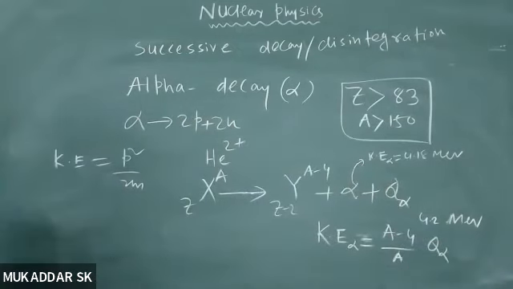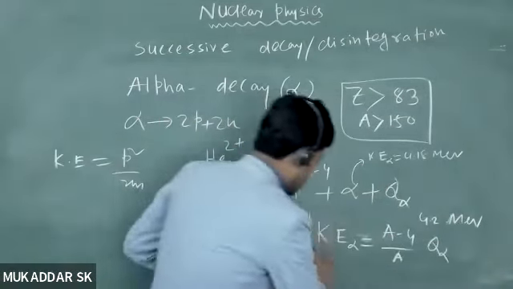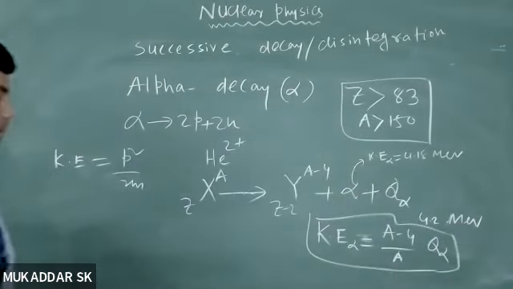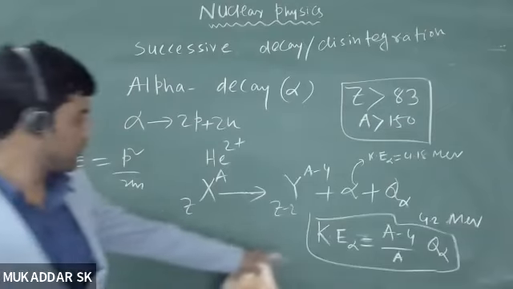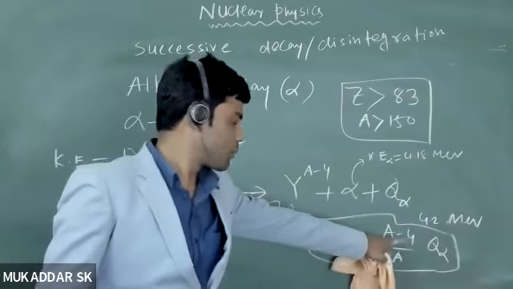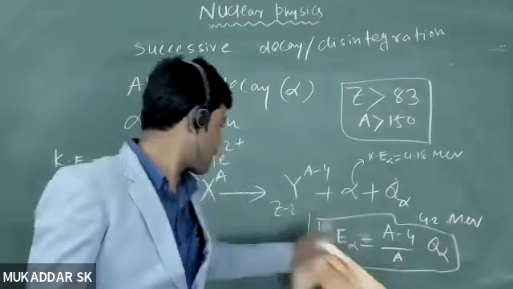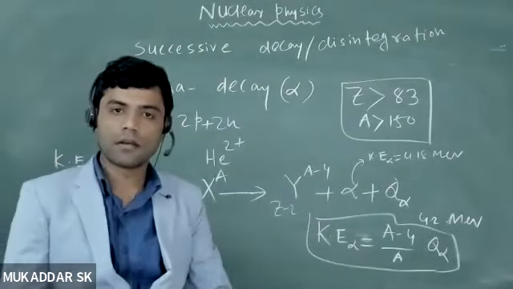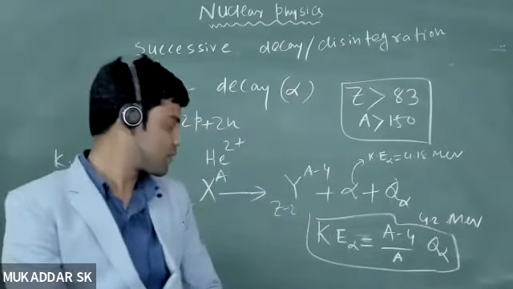Every time you will get a question from here. ठीक है, kinetic energy of alpha particle is related to mass number of daughter nuclei divided by mass number of parent nuclei into Q alpha. Q alpha क्या है? Total energy released.